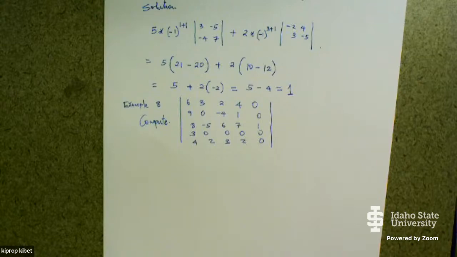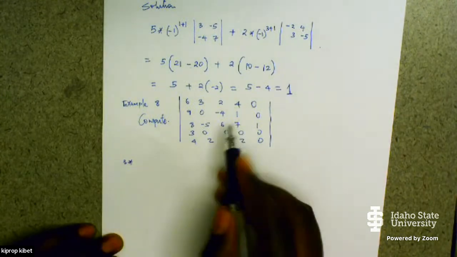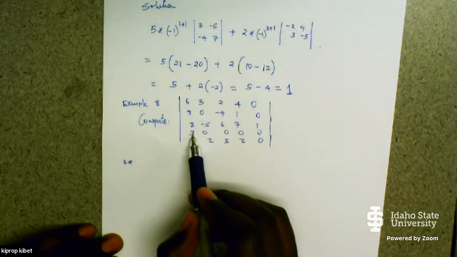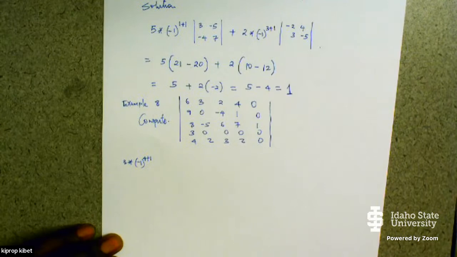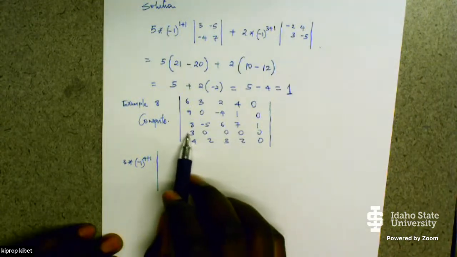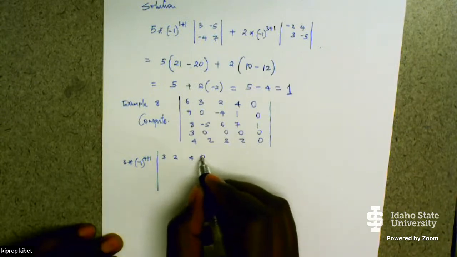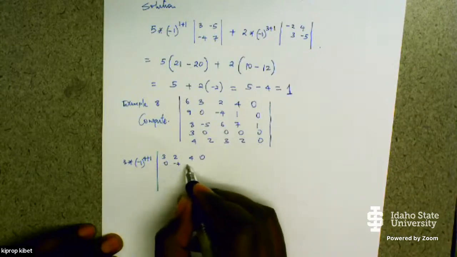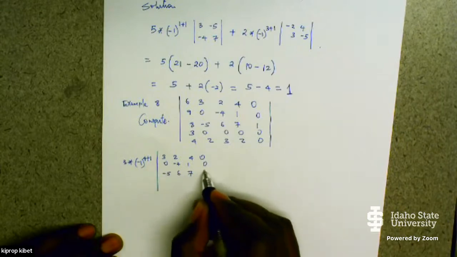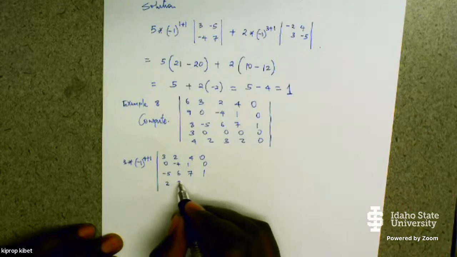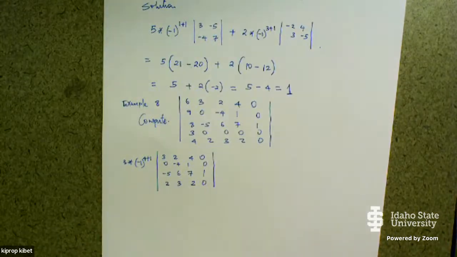If you use the fourth row, then it will now be 3 multiplied by, this is row 4, column 1, negative 1 raised to 4 plus 1, and then the determinant of, we close this and the first column, the determinant of 3, 2, 4, 0, 0, -4, 1, 0, -5, 6, 7, 1, and 2, 3, 2, 0. Okay, so that is the first instance.